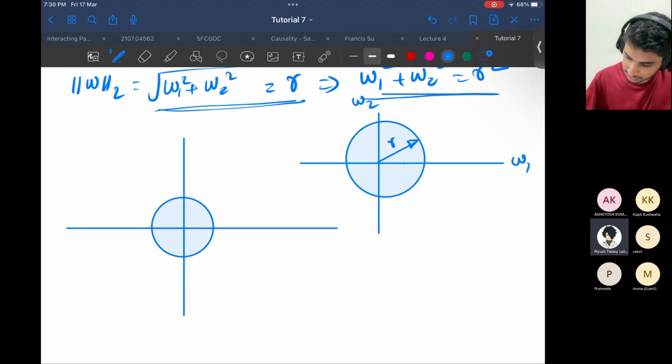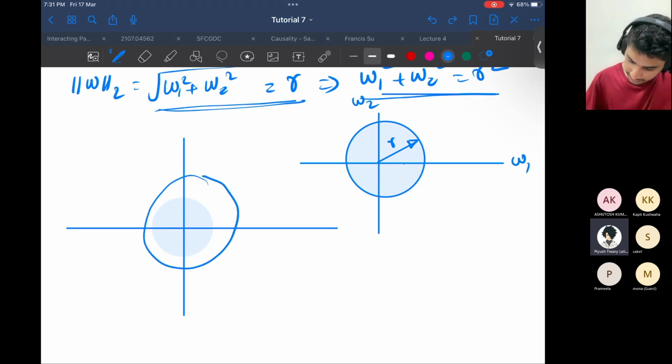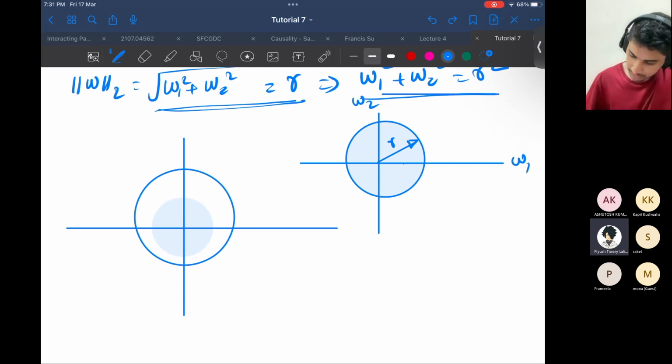This is, let's say, the first circle. This is the second circle. It should have been very concentric, but pardon my drawing, nonetheless something like this. This is how it looks for different values of R. So maybe this was for R1, this was for R2 or R3, and things like that.